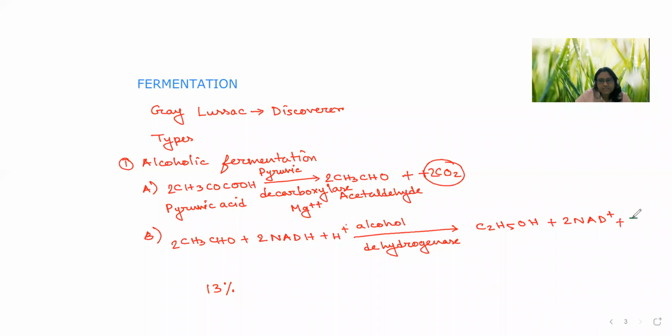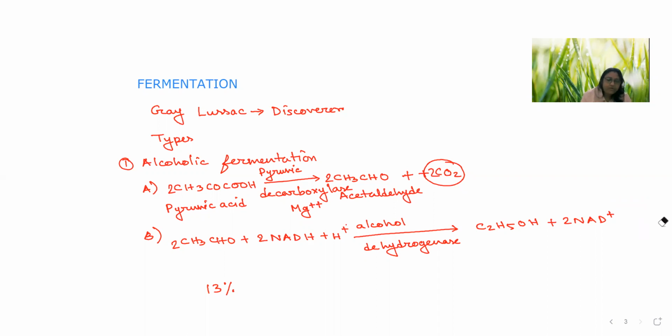They are least interested in the rest of the products. So the whole process is for the purpose of energy. Ultimately no one is interested in alcohol, and immediately after production of alcohol they remove it from the cell, and this alcohol will be present in the medium.